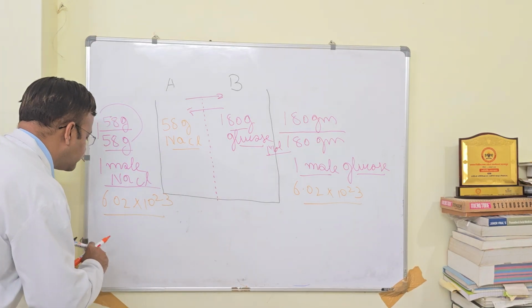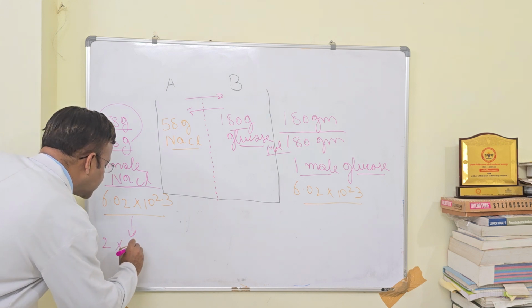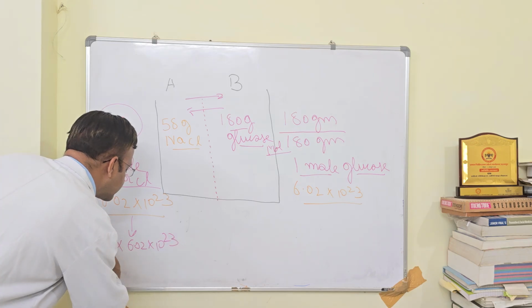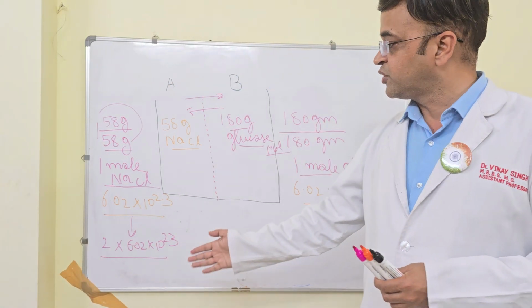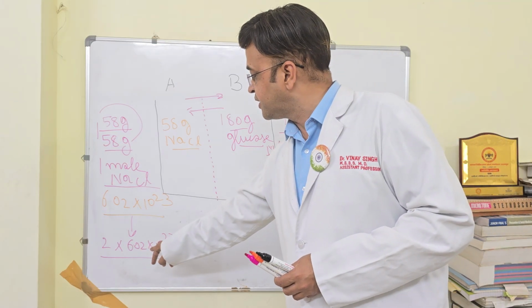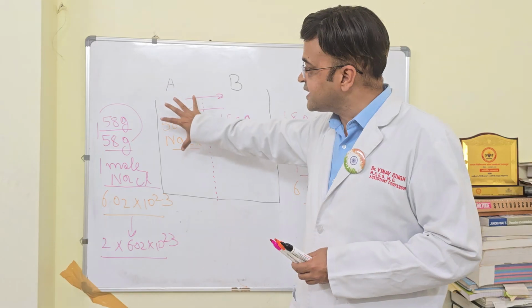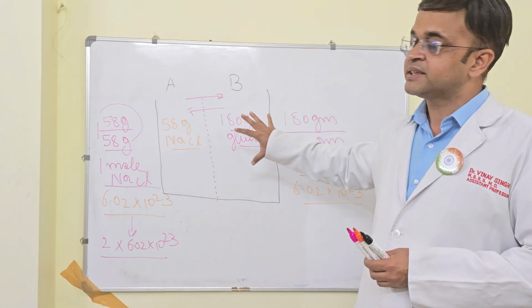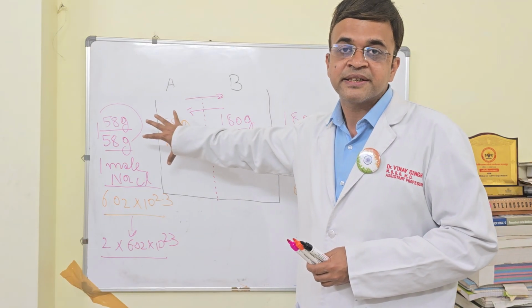You are going to have 2 into 6.02 into 10 raised to power 23 particles. That means you have twice the number of particles over here in A compared to B.